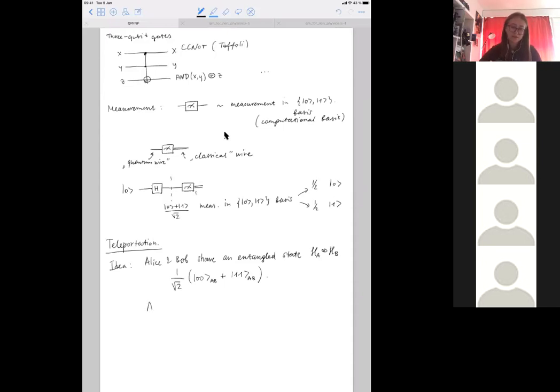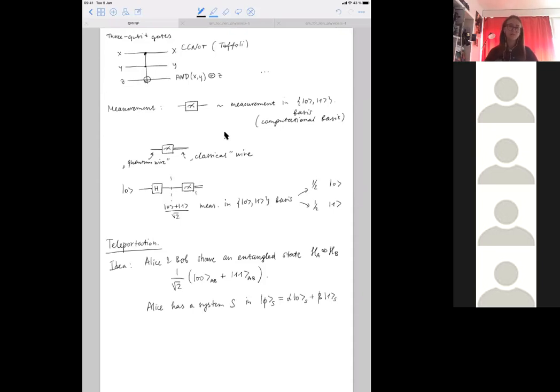Also, Alice has a system S in state phi_S, which we can write as a superposition of states 0 and 1, but we don't know the coefficients: alpha |0>_S plus beta |1>_S.